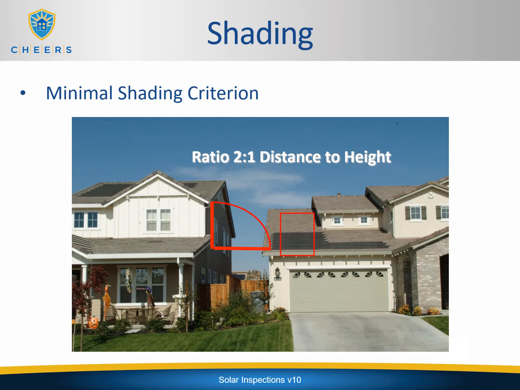You will need to do this for every sector in which the neighboring dwelling is higher than the lowest point of that array. So there will be several sectors here that you will need to potentially measure, depending on, again, the orientation of the two structures. But you'll measure your distance across and then the distance above the lowest point of the array to get your distance to height ratio.